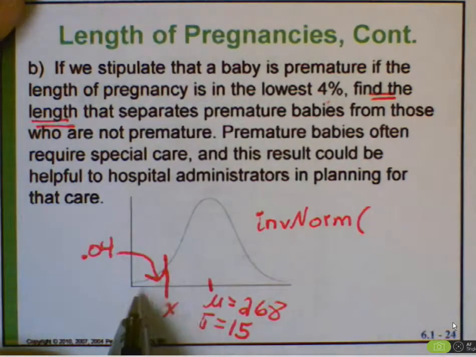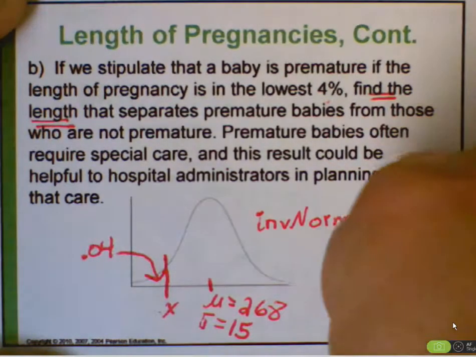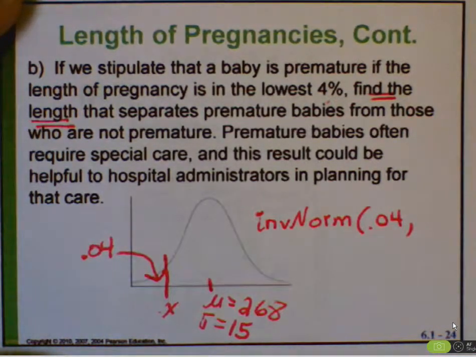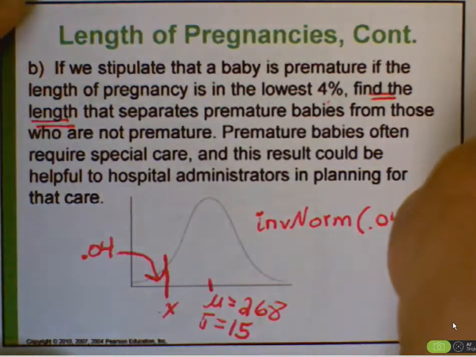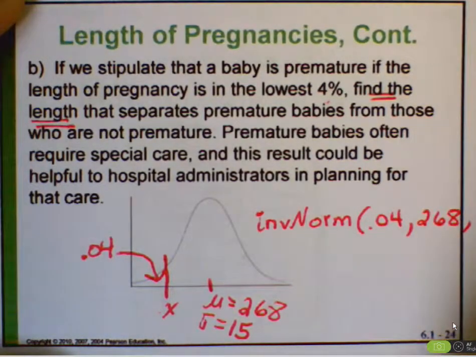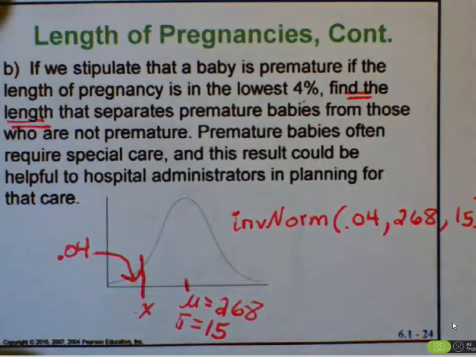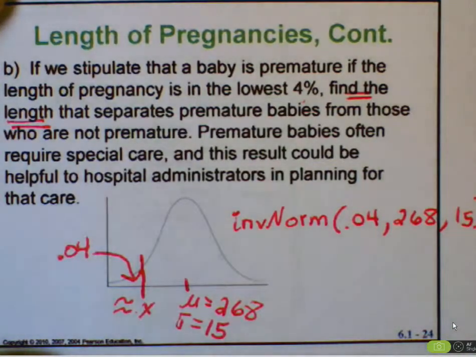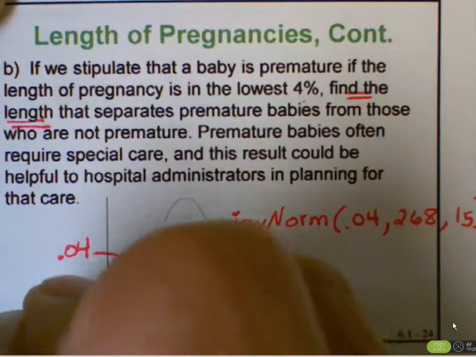I have to enter the area to the left of the score that I'm looking for. And then because we're not dealing with a standard normal distribution, I also have to enter the mean and the standard deviation. Rounded to the nearest whole day, I got that to be about 242 days.